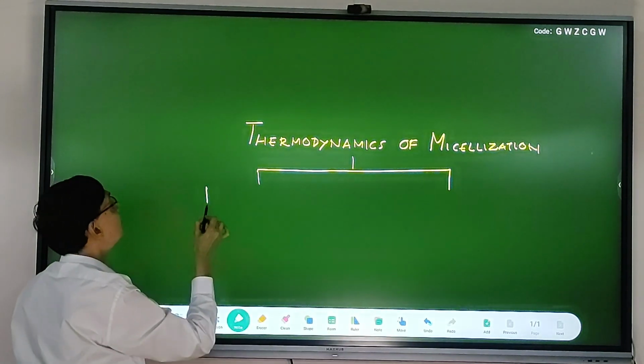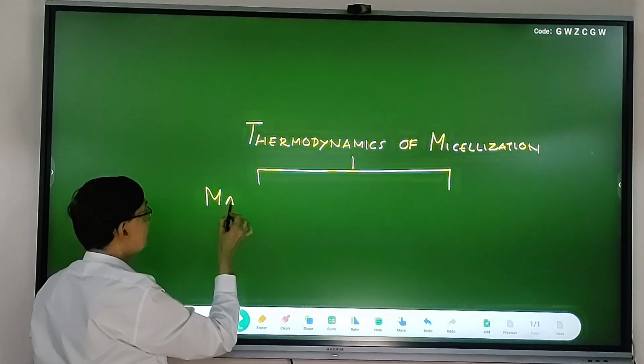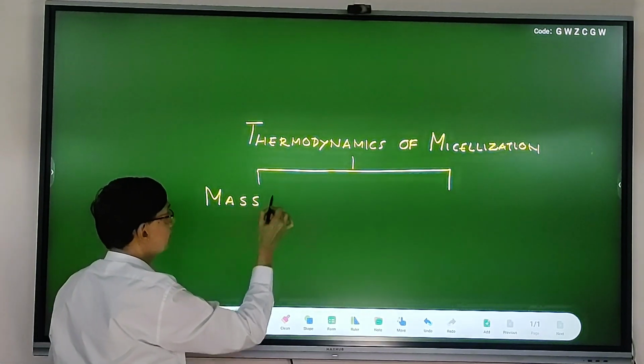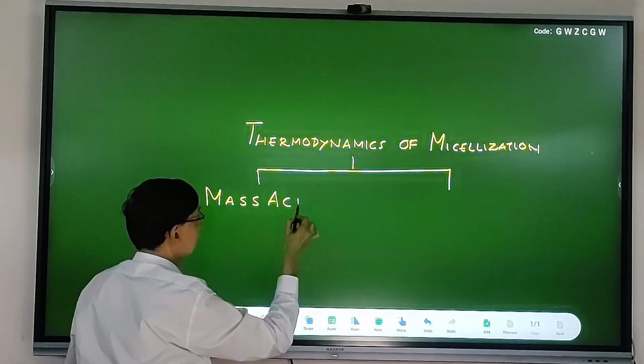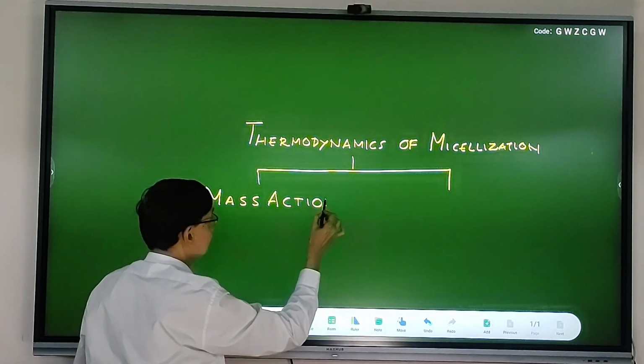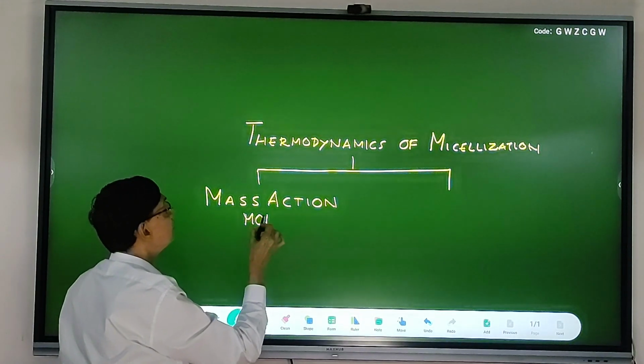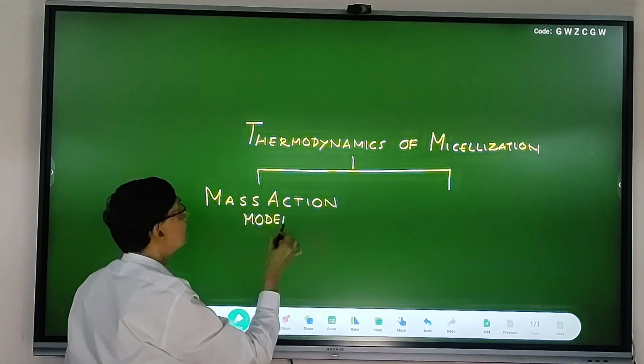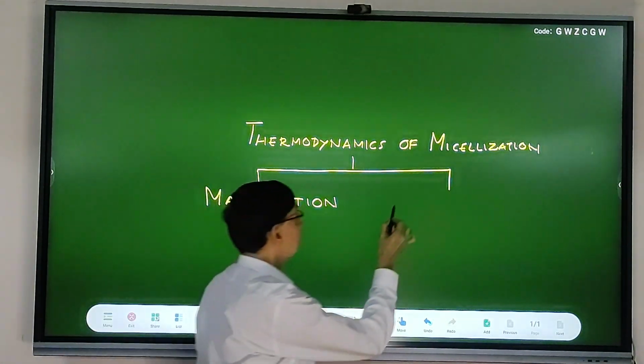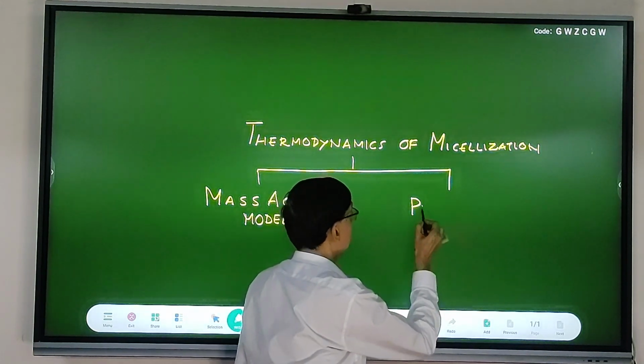One is mass action model, another is the phase separation model.